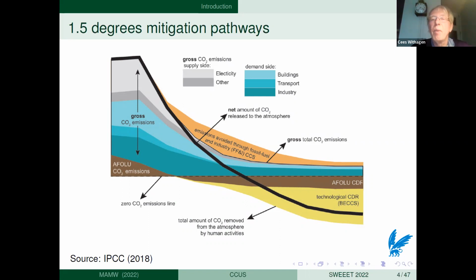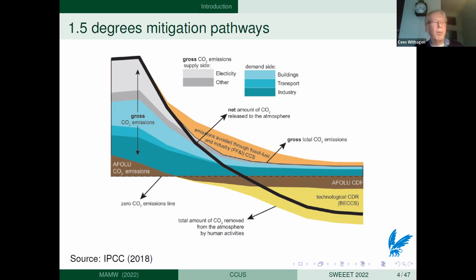It's the brown line under there. And there is also carbon capture when it comes to biofuels, that's the lower part. So we see that in order to reach the Paris goal, carbon capture and storage will play an important role according to IPCC.